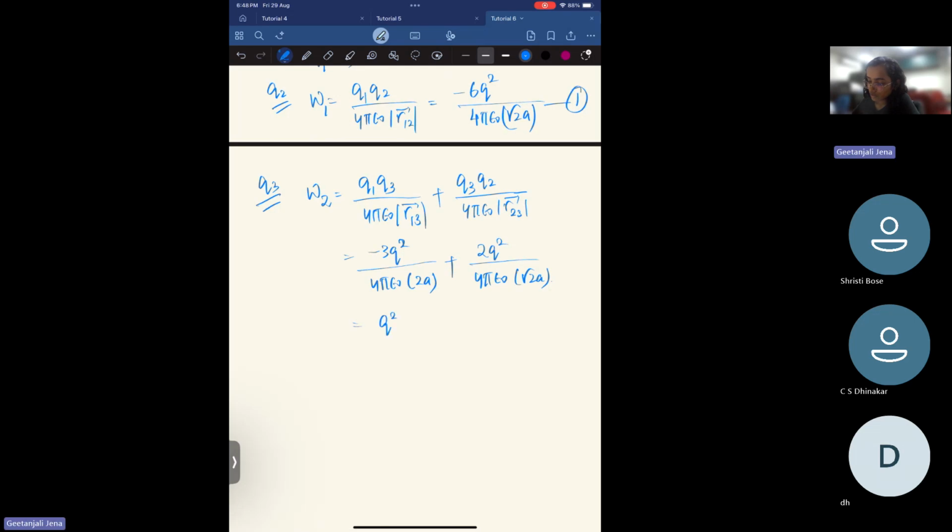So this is Q square by 4 pi epsilon naught times 2 root 2 minus 3 by 2.